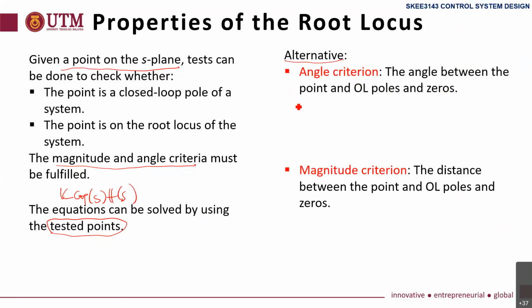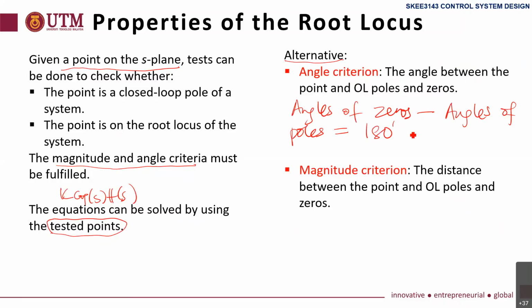Here, the angles of zeros minus the angles of poles must be 180 degrees. In order to fulfill the angle criterion, the angle of zeros, later I will show you what that means, minus the angle of poles is 180 degrees.